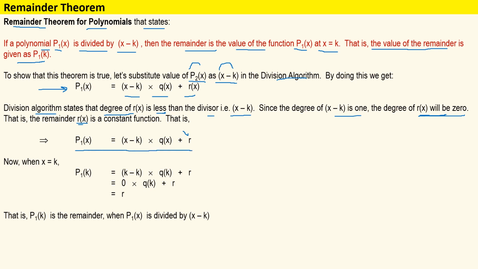Now, in order to get the value of this polynomial p1(x) at x is equal to k, we substitute x is equal to k in this equation, and we get p1(k) is equal to (k minus k) times q(k) plus r, which is equal to 0 times q(k), that is polynomial q at x is equal to k, plus r, which is equal to r. That is, p1(k) is the remainder when p1(x) is divided by x minus k.